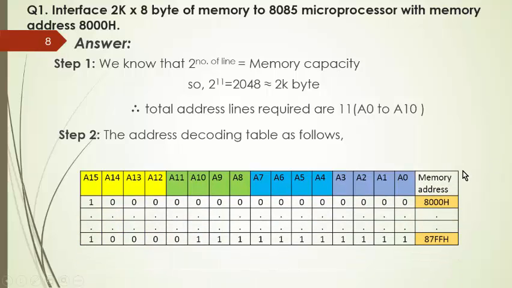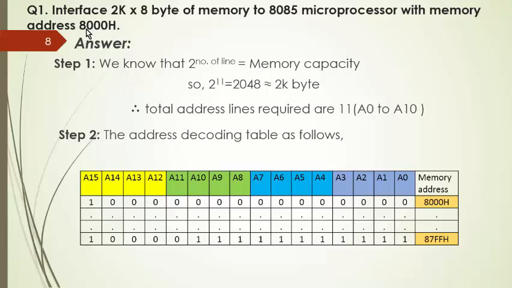The second step: you have to draw the address decoding table. First draw the address decoding table like this. You have to write the address lines, that is A0, A1, A2, A3, A4, A5 up to A15, as it is.